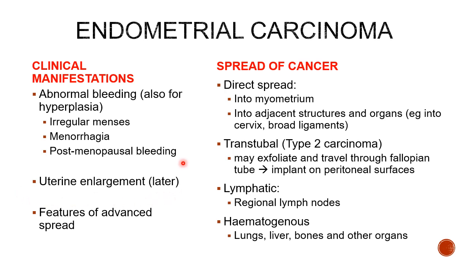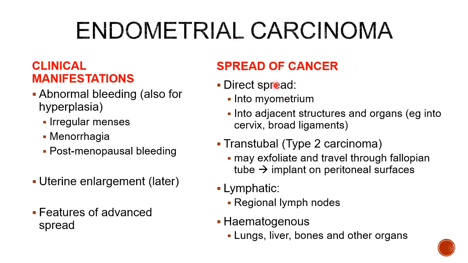In the setting where the endometrial carcinoma is advanced, like the one that we saw earlier in the gross image, then uterine enlargement, which may be palpable, can also be seen, and occasionally patients present with features of advanced spread to other sites away from the uterus.